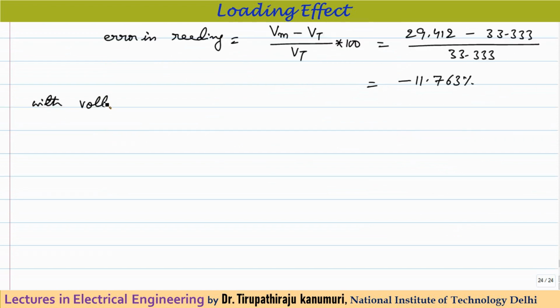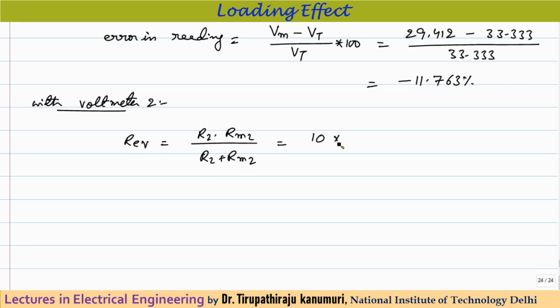Okay, let us try to calculate with voltmeter number 2. With voltmeter number 2, how the reading will come. Again with voltmeter number 2, R equivalent 2 will be equal to R2 into RM2 divided by R2 plus RM2. Agree with me? So what is the value of R2? R2 is 10 and RM2, that meter 2, is 1000 kilo ohms, divided by 10 plus 1000.